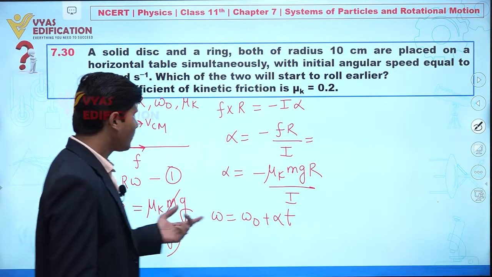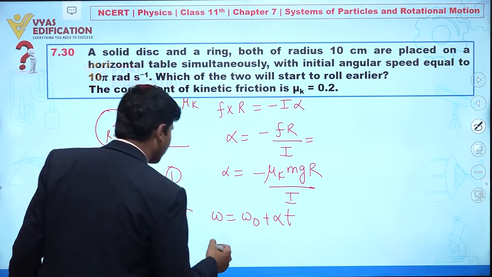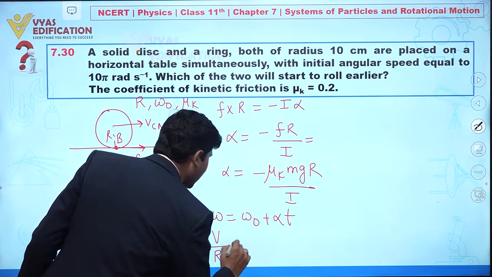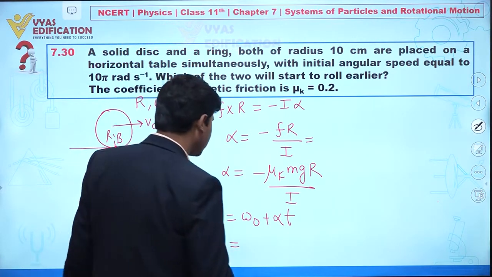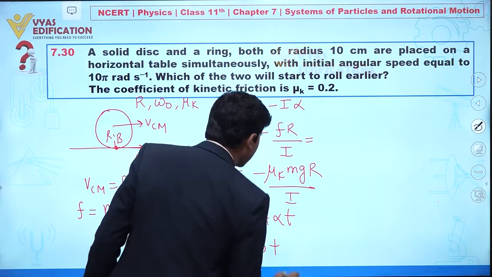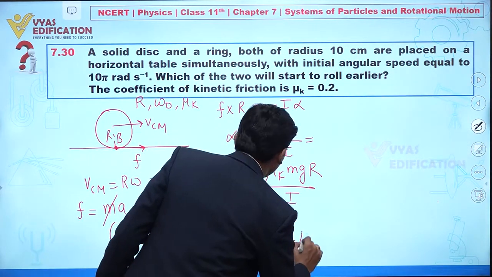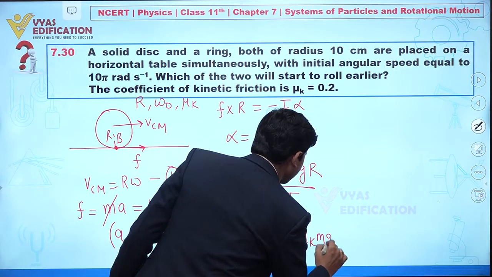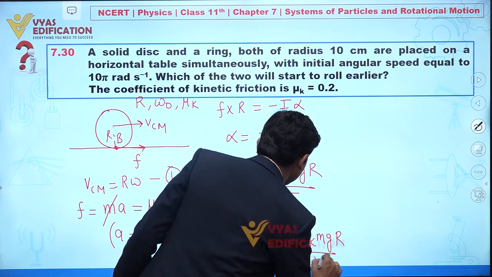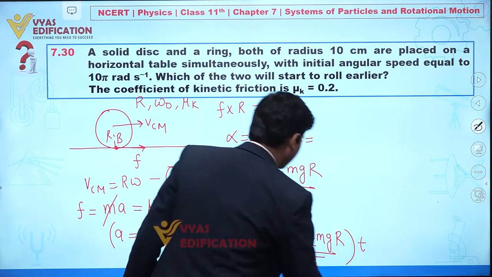Clear? So omega is equal to V by R, equal to omega naught, which is given to us, plus alpha. Now we put the value of alpha here, which is minus mu k mg R divided by I, multiplied with t.